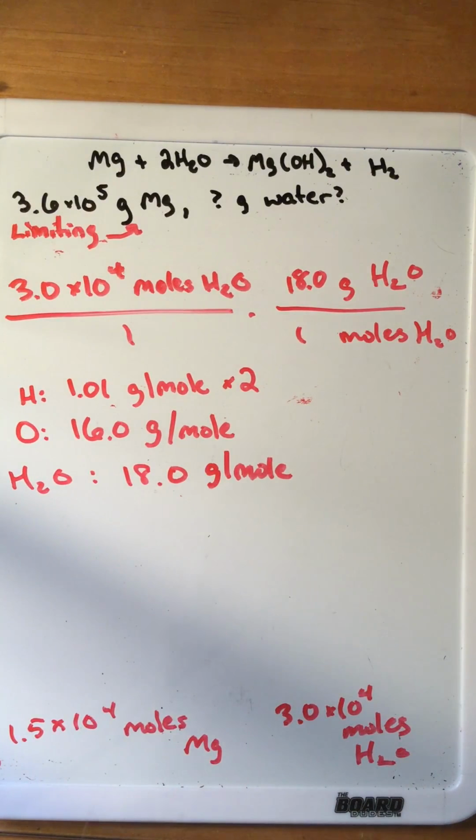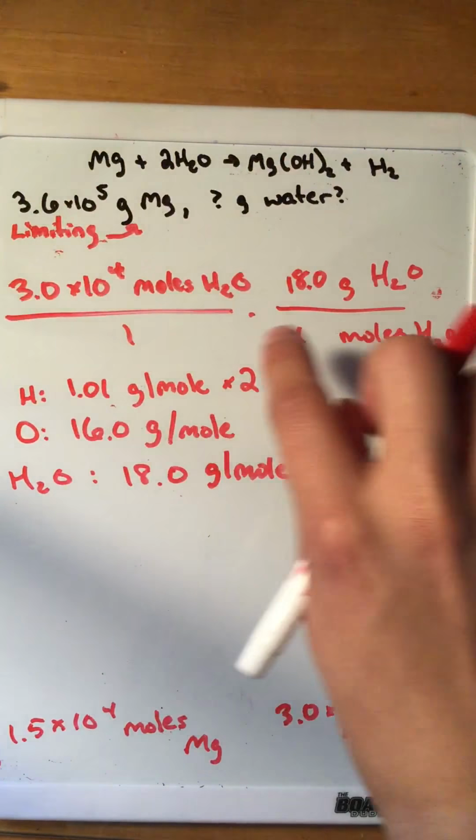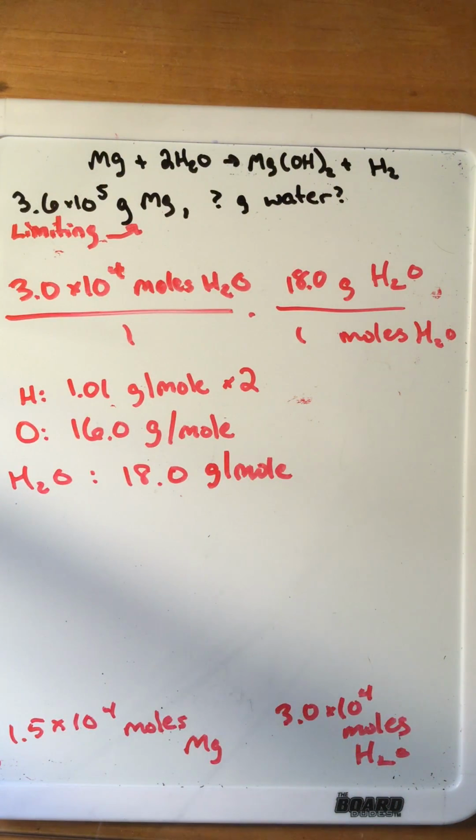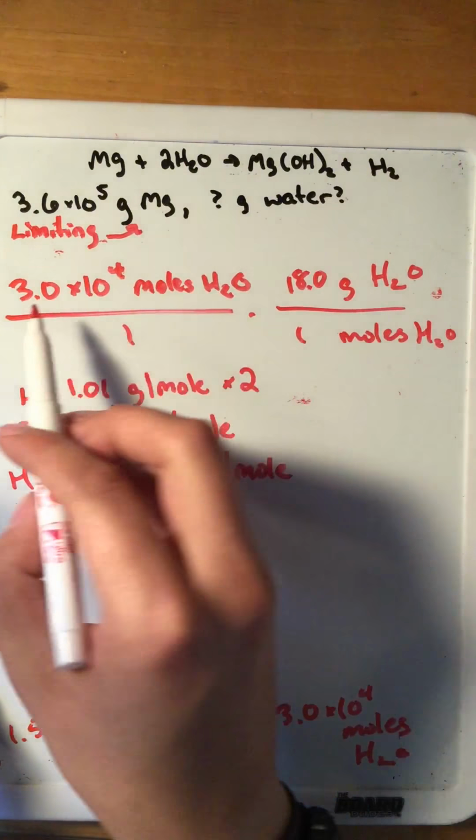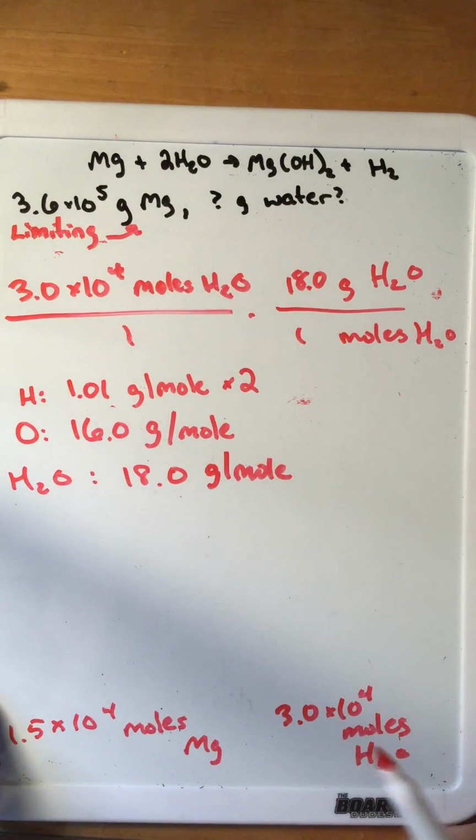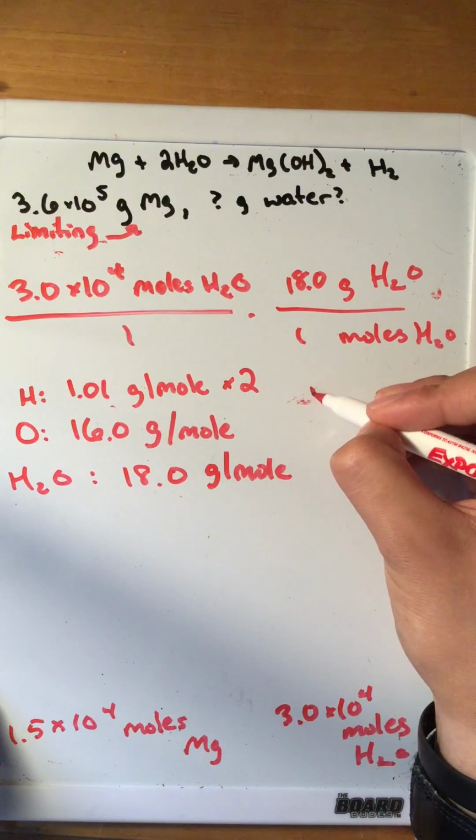Again, if you want to multiply this out first, you're welcome to do that. I'm just going to do it in one step this time and show you how I work with that. So if I'm multiplying 3.0 times 18, I'm going to get 54.